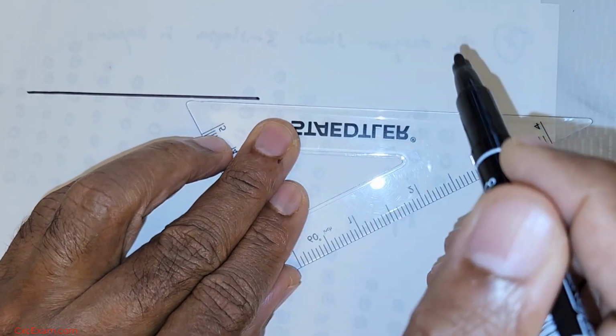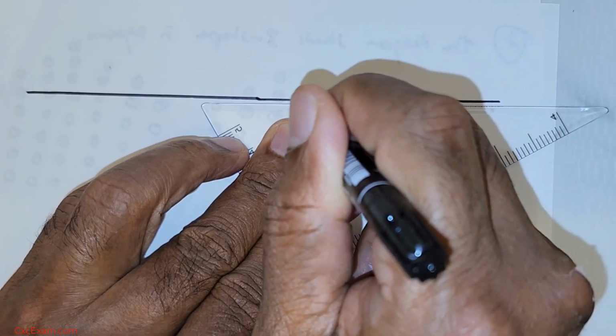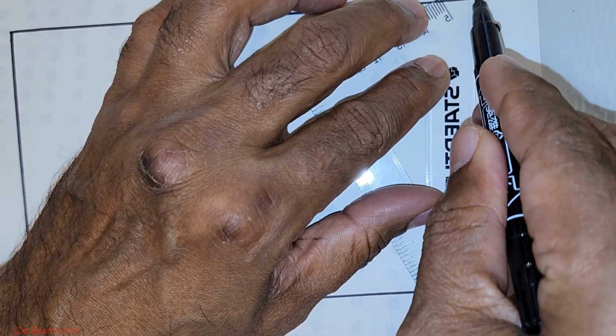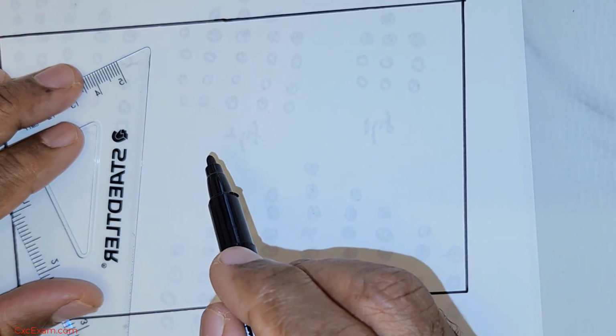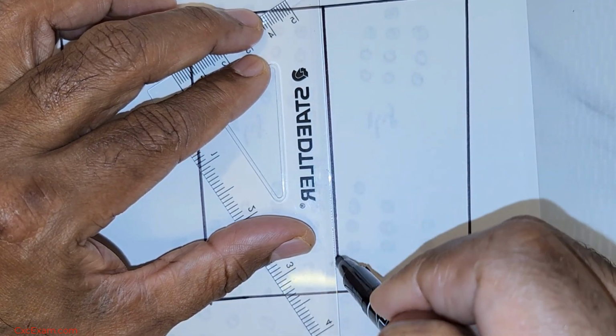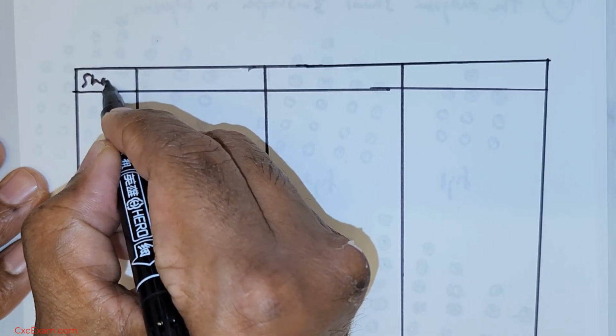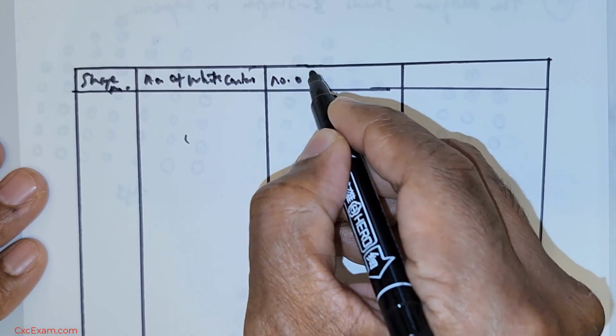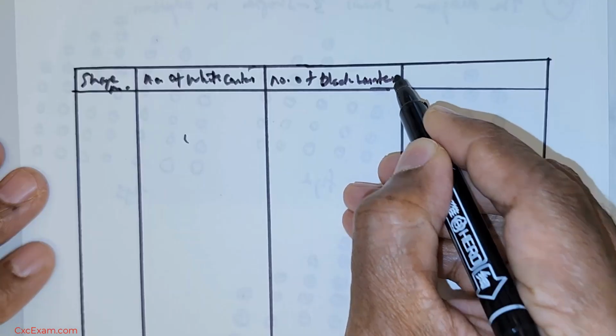Okay, so this is shape number. This is number of white counters, number of black counters.